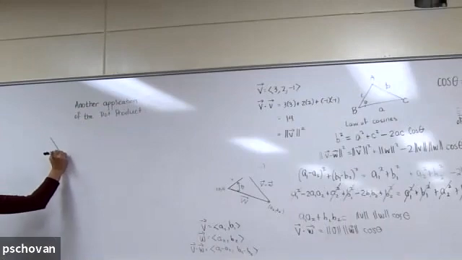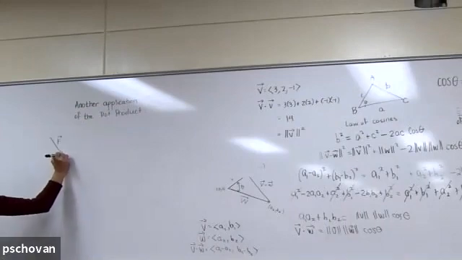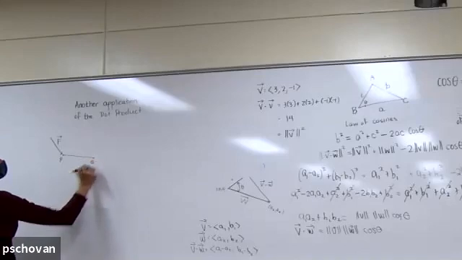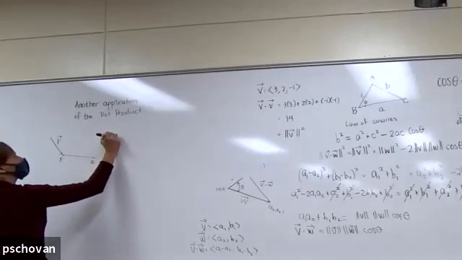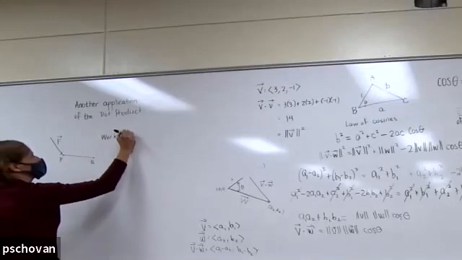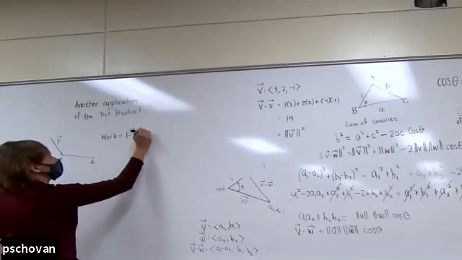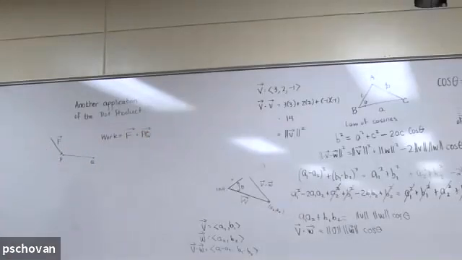If a force F is applied on an object and it moves from point P to point Q, then the work done in doing this, remember work is force times distance, so here it's force dotted with the vector PQ.